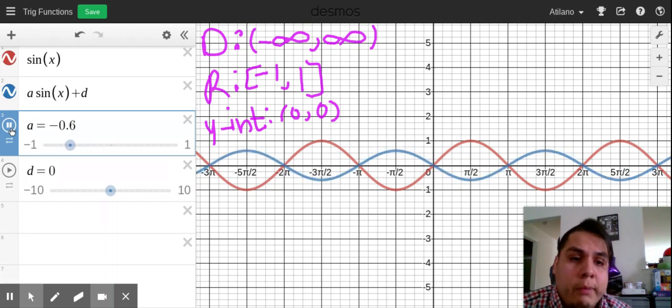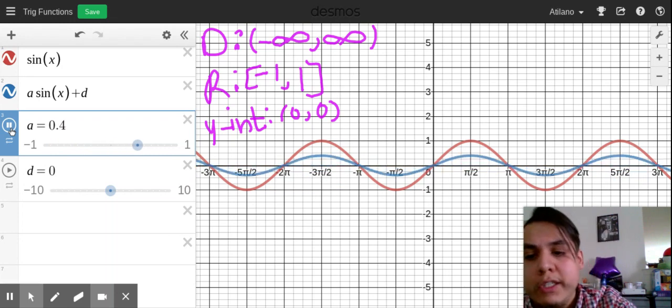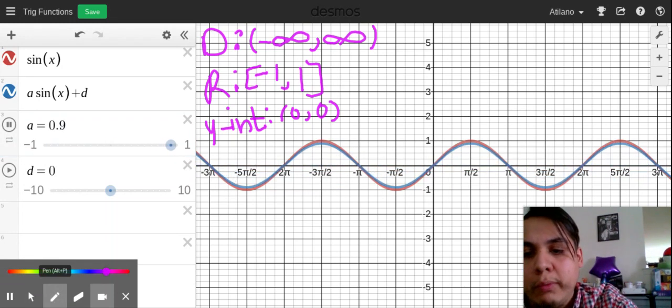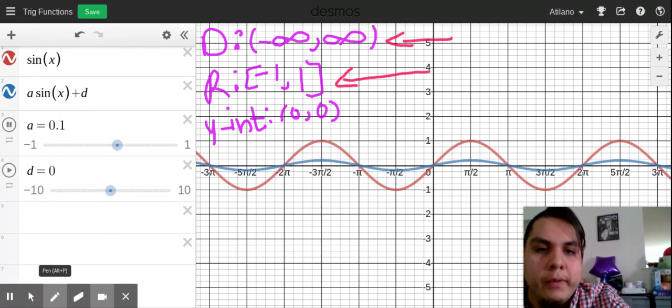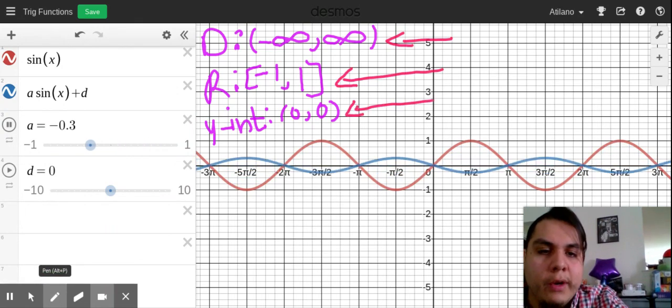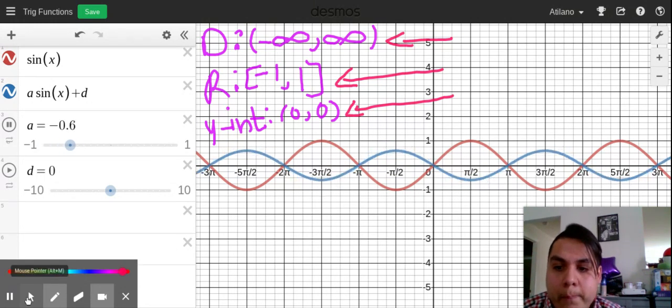It's very important to think about what aspects of these characteristics would change. Would the domain change? Would the range change? Would the y-intercept change? What does a actually affect in this graph?